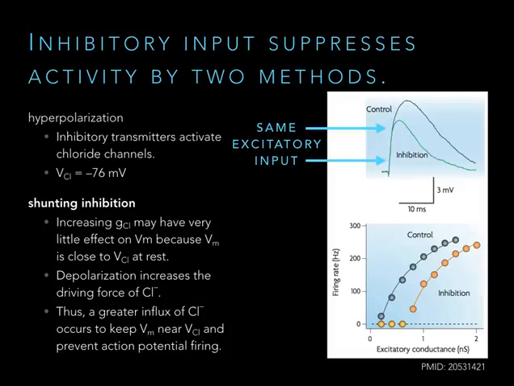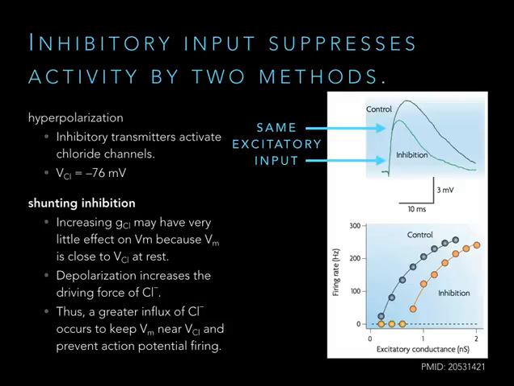So if the chloride channels are open and you receive excitatory input, think about what that does to the driving force. If the reversal for chloride is minus 76 and we're resting at minus 70, that's a very small 6 millivolt driving force. But let's say we start to depolarize and we become more positive. What does that do to the driving force for chloride? Well, we're moving further away from it, right?